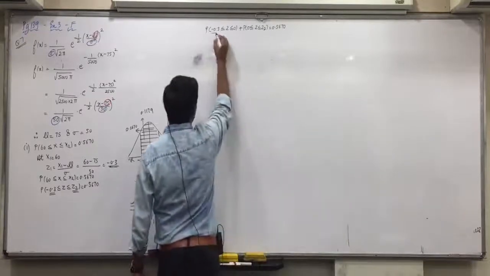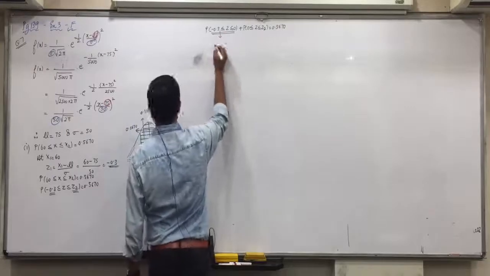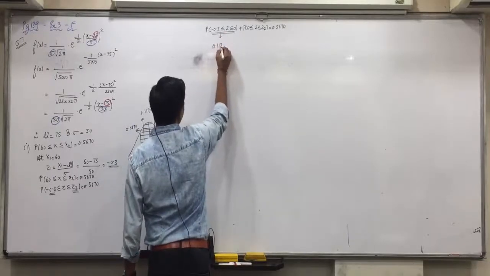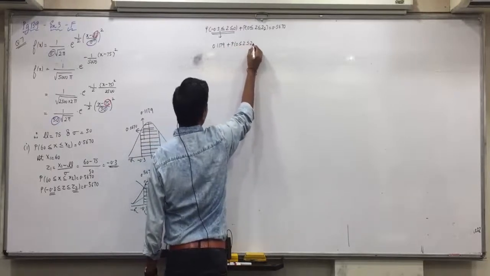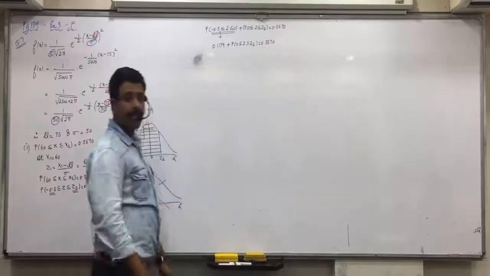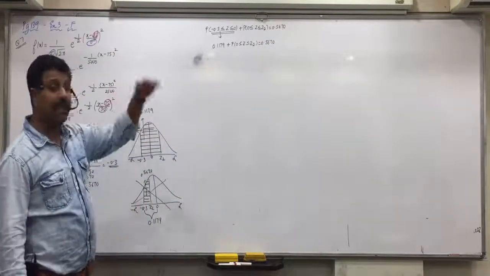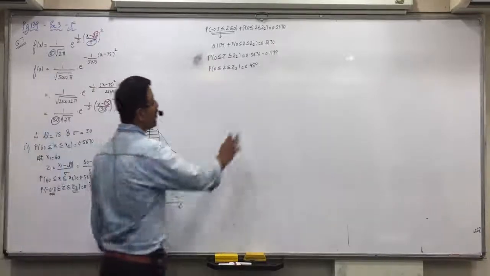Now from the table we obtained that minus 0.3 to 0 is 1179. 1179 on the right side will become minus, giving 4491.